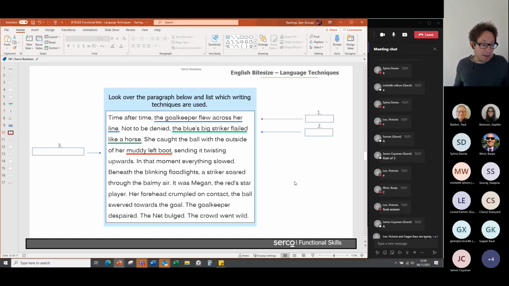So I can see lots of people typing. So we've got number 2 as a simile. See if anyone agrees with you, Suman.